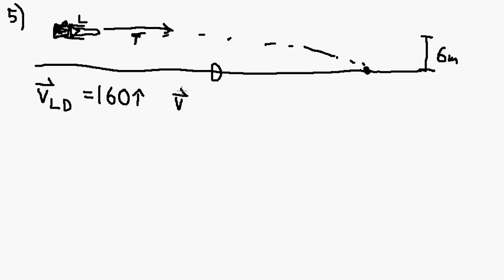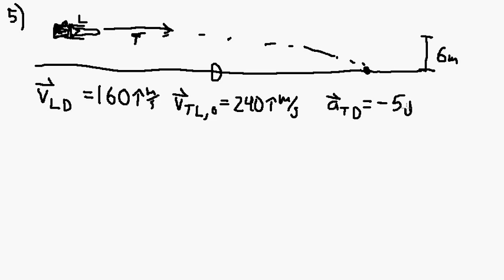When the torpedoes get launched, the initial velocity of the torpedoes relative to Luke is 240 i hat meters per second. And then the acceleration of the torpedoes relative to the Death Star, they go down, so negative, and half Earth gravity, so negative 5 j hat meters per second squared.